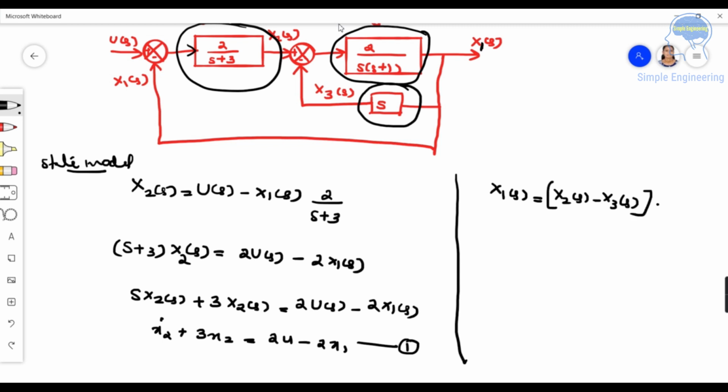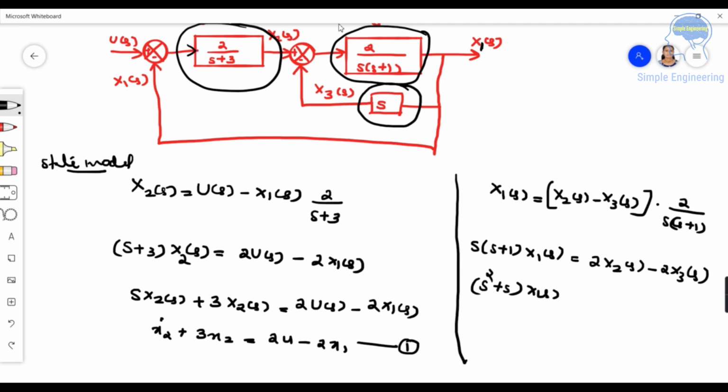into this block, that is 2 by s into s plus 1. The denominator I am taking to this end. So s into s plus 1 into x1 of s is equal to, multiplying this, 2x2 of s minus 2x3 of s. So s square plus s into x1 of s is equal to 2x2 of s minus 2x3 of s.